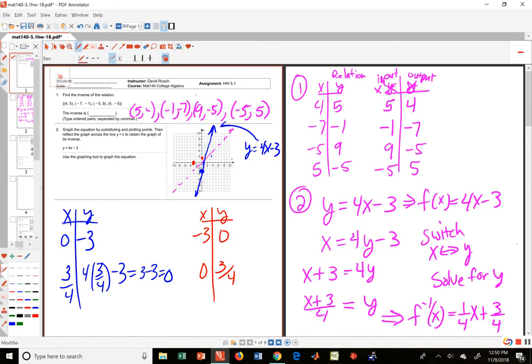Let's see if I can get that red dot going. There we go. It's going to be a reflection about that fuchsia line, and it looks just like that. So this is y equals 1/4 x plus 3/4.